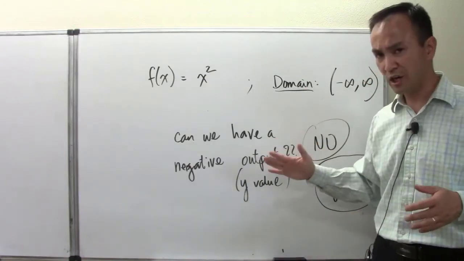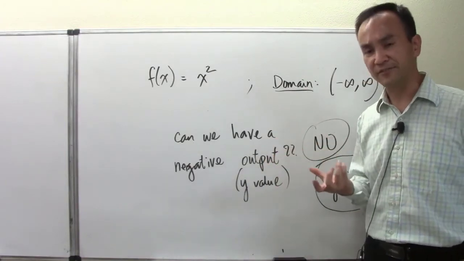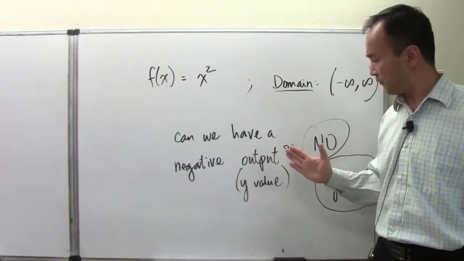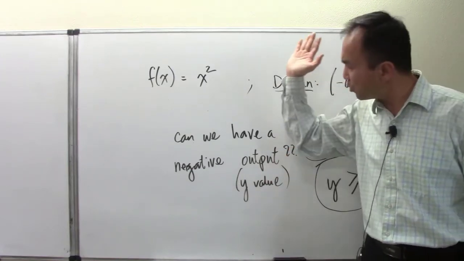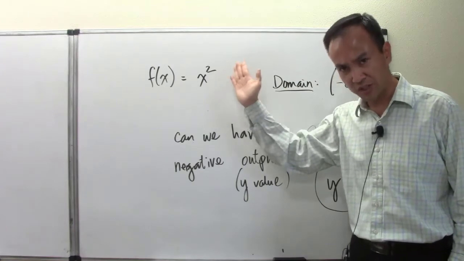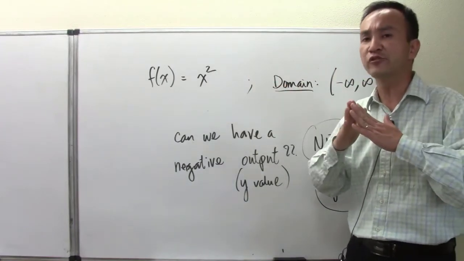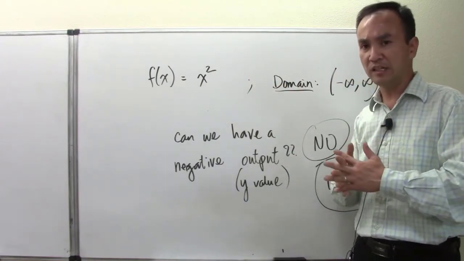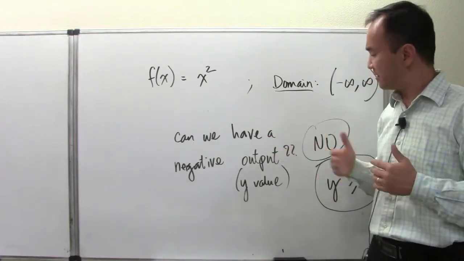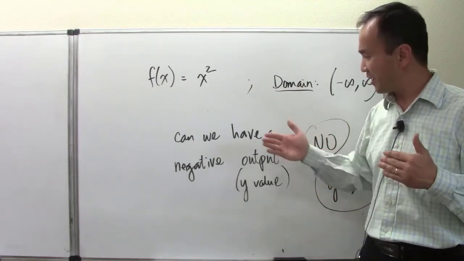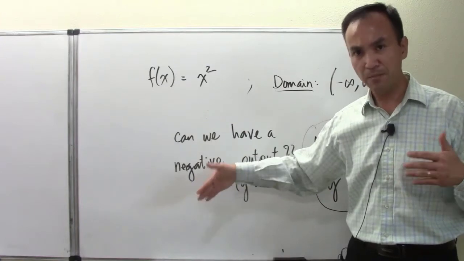See, now we're talking strictly on behalf of the output value. So for the output value, the way our function was defined naturally leads into a restriction of the output values that we can possibly get.